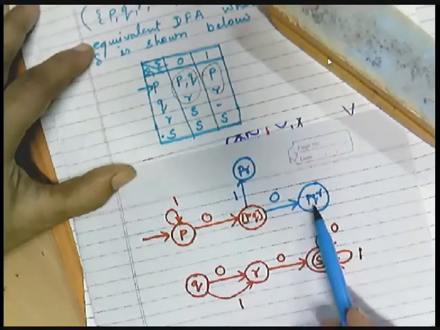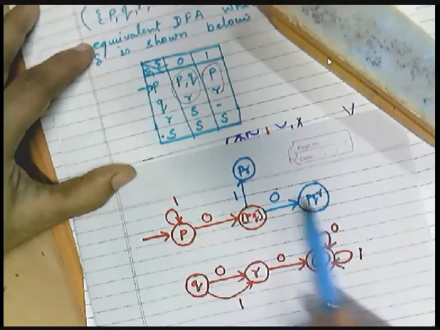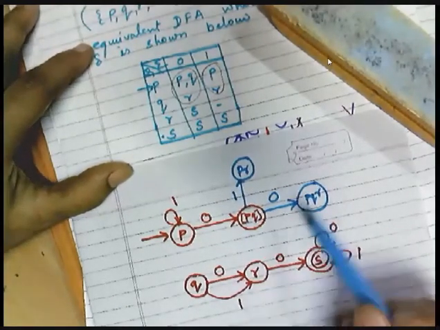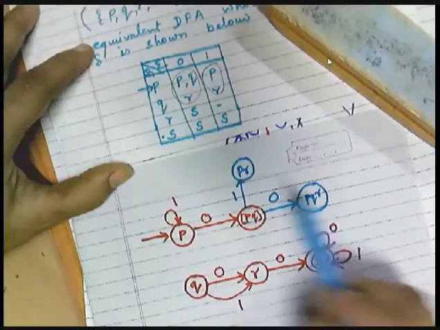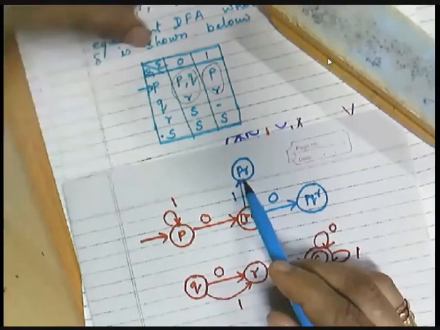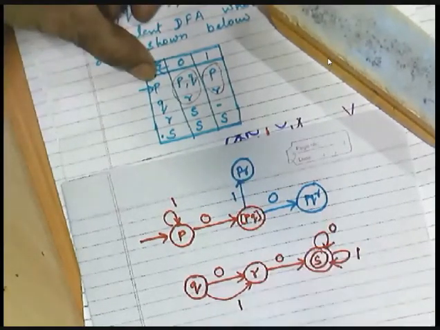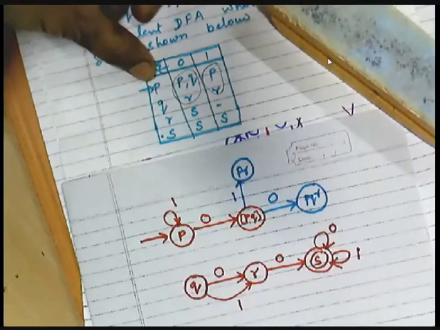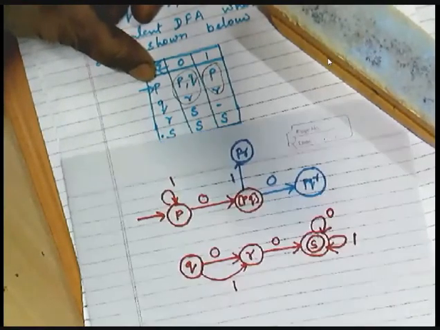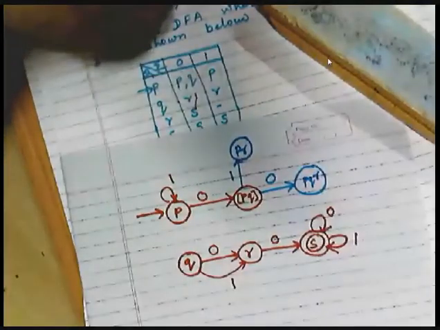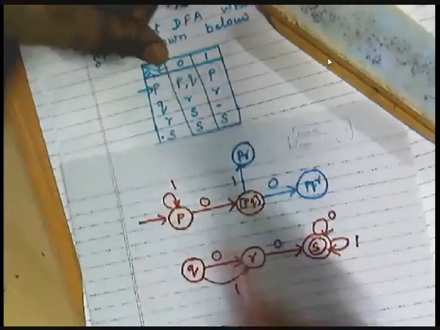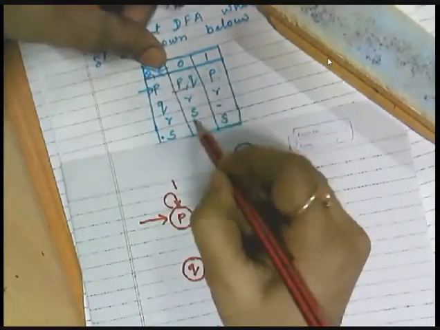So now we have to check it for PR as well as PQR. So if we are considering PR, PR is a new state. So PR on 0 moves to where? See, now we have to consider the combination of which 2 states? I need to consider the combination of this PR, that means this row and this row.